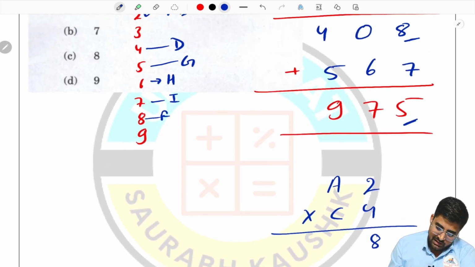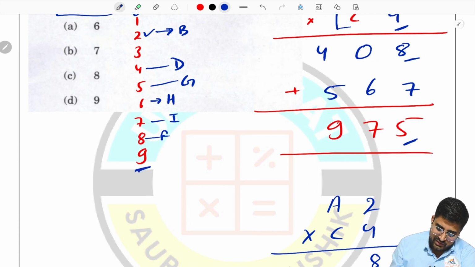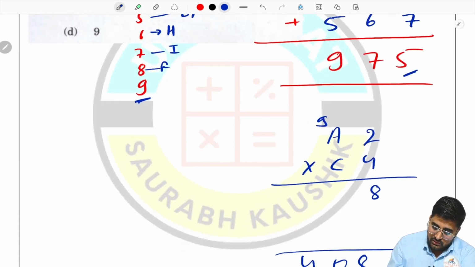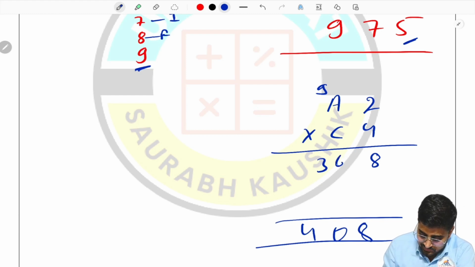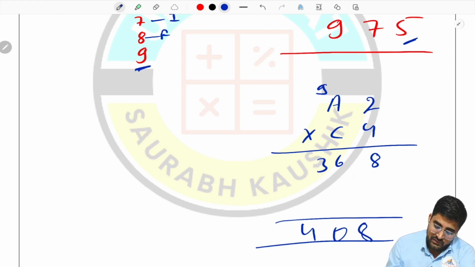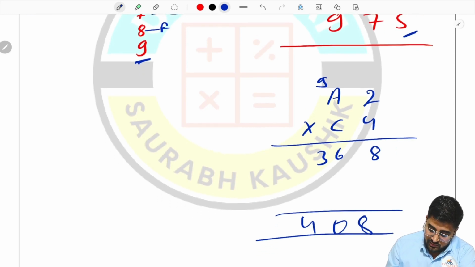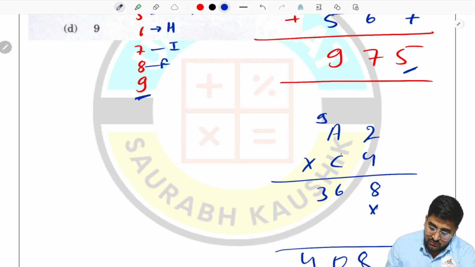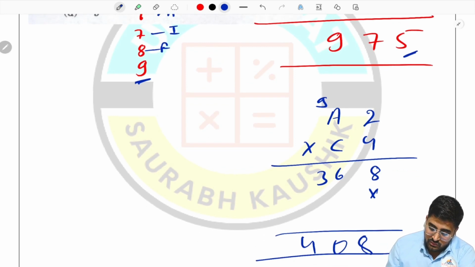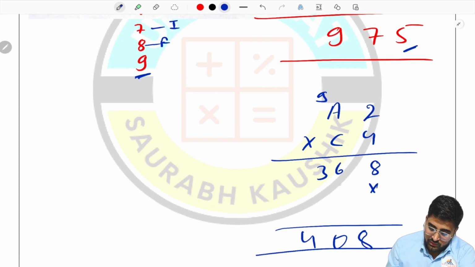Now we have 8 here and we do not know 4. Let's try the hit and trial method. If we put the maximum number 9 here at the place of A, then we get 368 at this point. So what do we have to put at the place of C to make it 40? 0 or 4.